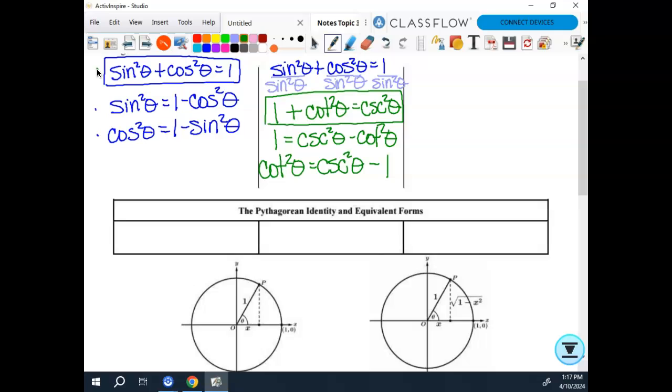All right, so we're going to do it again. Sine squared theta plus cosine squared theta equals 1. This time we're going to divide everything by cosine squared. And then I'm going to give you a second, and I want you to see if you can simplify that.